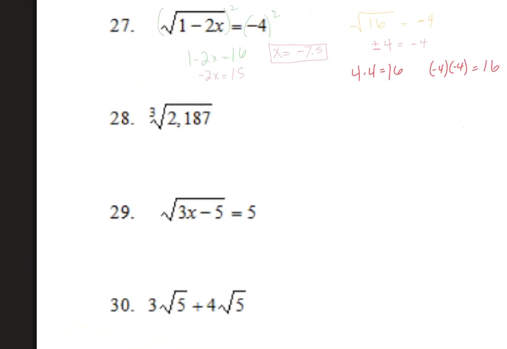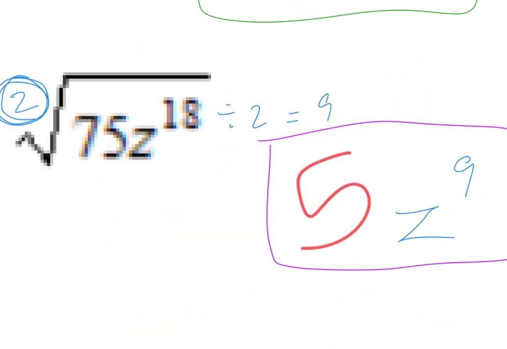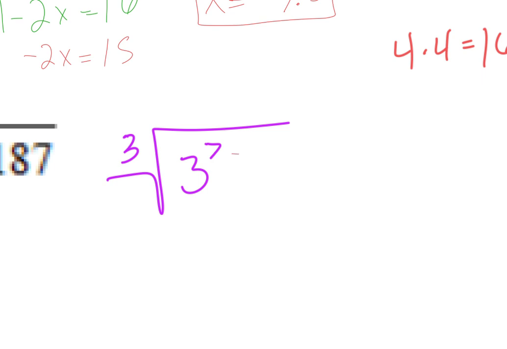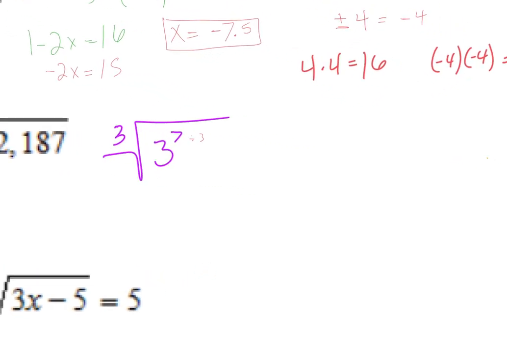So let's zoom in here. The cube root of 3 to the 7th power. Well, kind of like we did up here where I was like, hey, listen, we can just divide that by 2. Well, here, since it's a cube root, we could divide this by 3. And, I mean, not that you would have known that 2187 is 3 to the 7th power. But what happens is, let's see, 1, 2, 3, 4, 5, 6, 7.